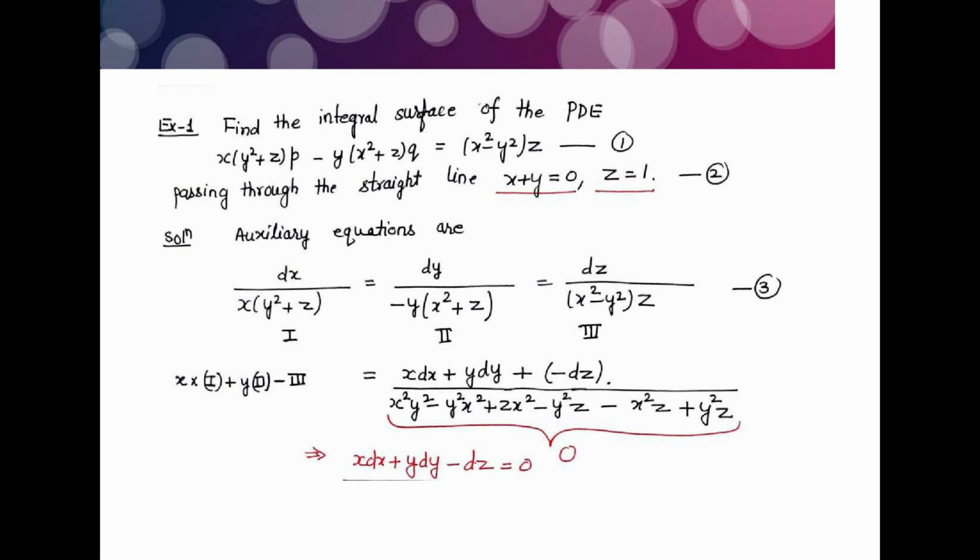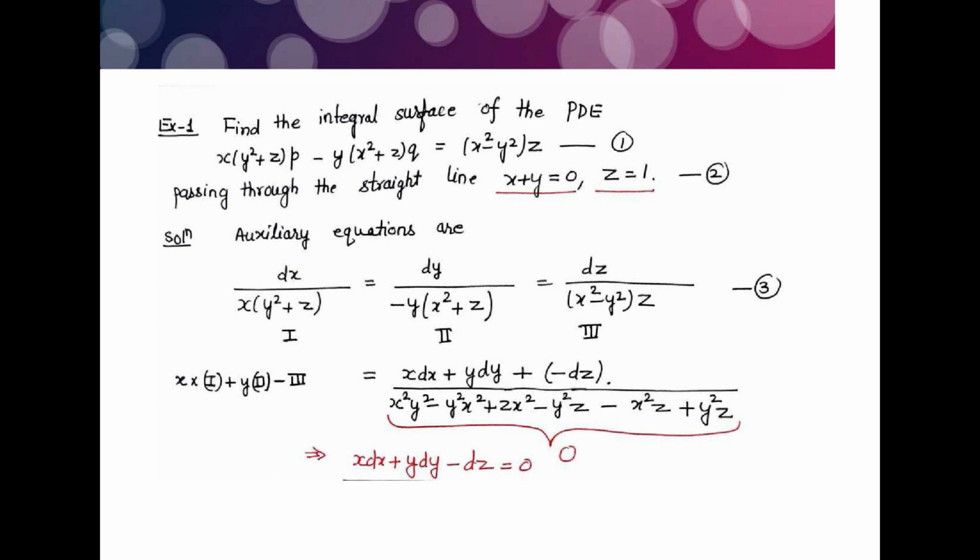So the first combination is to multiply the first ratio with x and the second ratio with y, add them, and now you can compare that with the third term dz. We have this combination x dx plus y dy, and minus z dz, which I have written as minus dz.